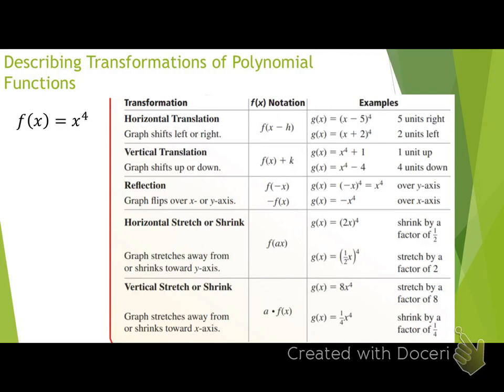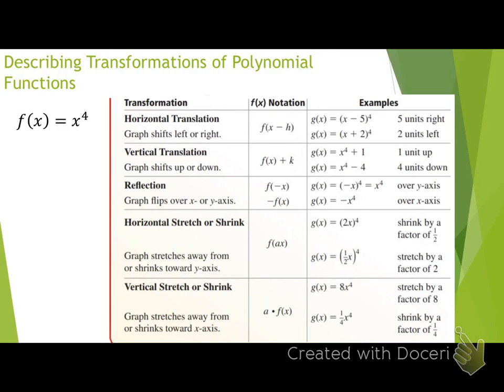F of x minus h. So if it tells us that it's a horizontal translation 5 units to the right, 5 is my h value, so I plug 5 in for h. So I have f of x minus 5. I plug x minus 5 in for x. I get g of x equals x minus 5 to the fourth power.